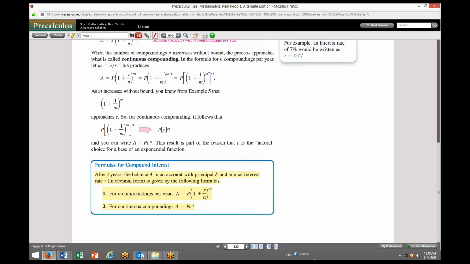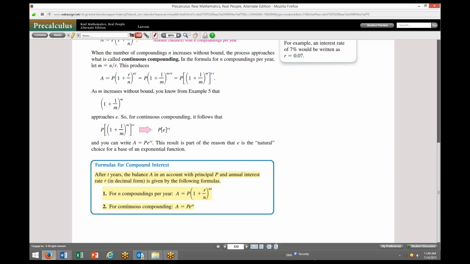Then you would take the little r number and divide it by the n number, which is simply the number of compoundings per year. It is the number of times the bank is crediting interest to your account. So if they're crediting it, for instance, every month, little n equals 12, because the interest is being credited and your account's being compounded 12 times per year. So n would be 12.